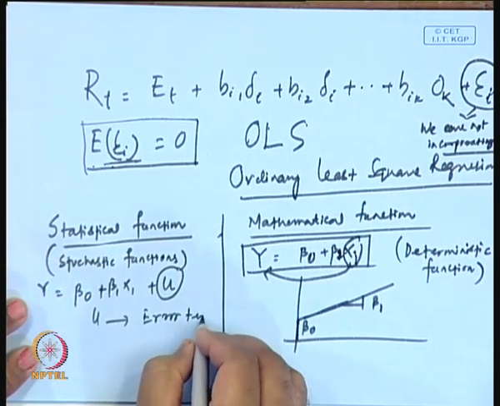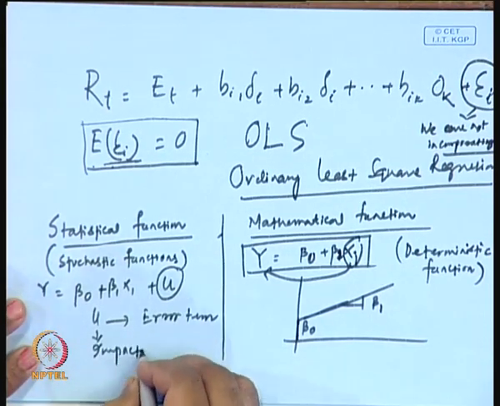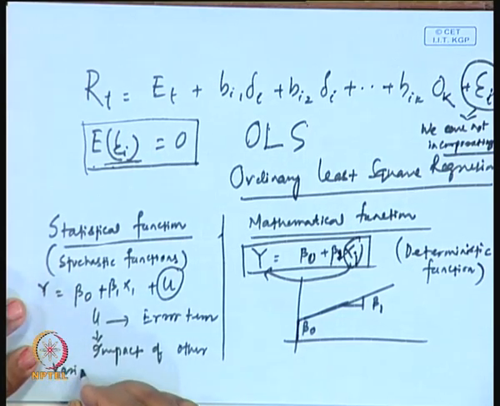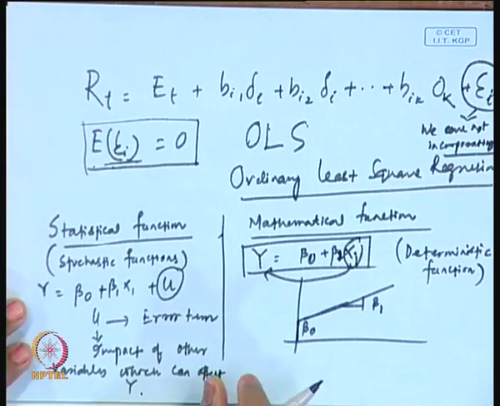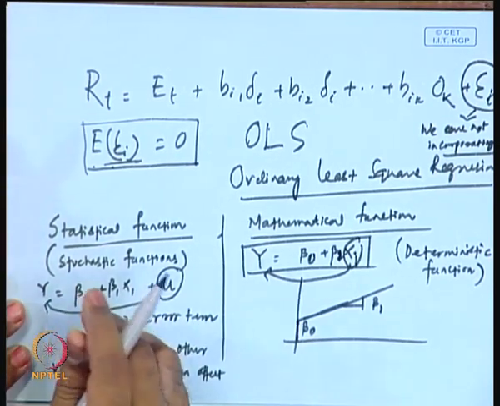This term generally reflects the impact of other variables which can affect y, but it is not possible to incorporate into the model.